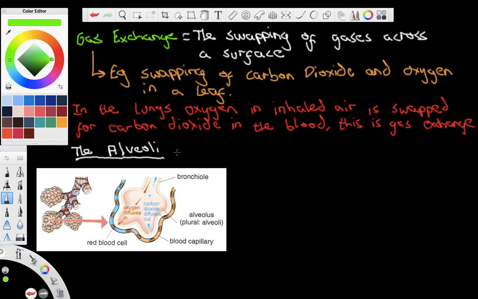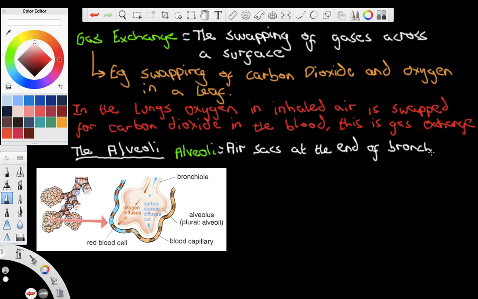So the alveoli are often referred to as air sacs at the end of bronchioles where gas exchange happens.